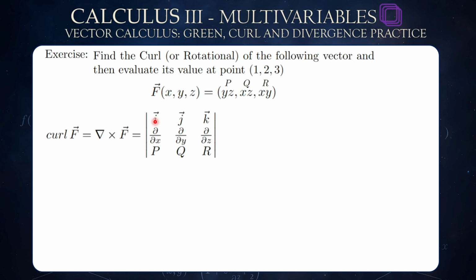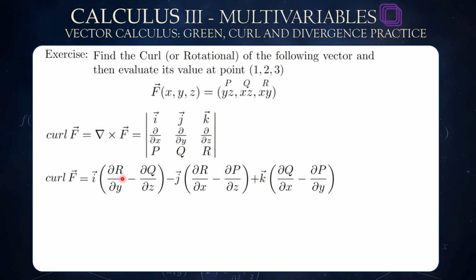Curl F is equal to nabla cross F, equal to the determinant of i, j, k, partial over x, partial over y, partial over z, and P, Q, R, which is equal to i times partial R over y minus partial Q over z, which means derivative of R with respect to y minus derivative of Q with respect to z, minus j, because it is the middle component, times partial R with respect to x minus partial P with respect to z, plus k times partial Q with respect to x minus partial P with respect to y.